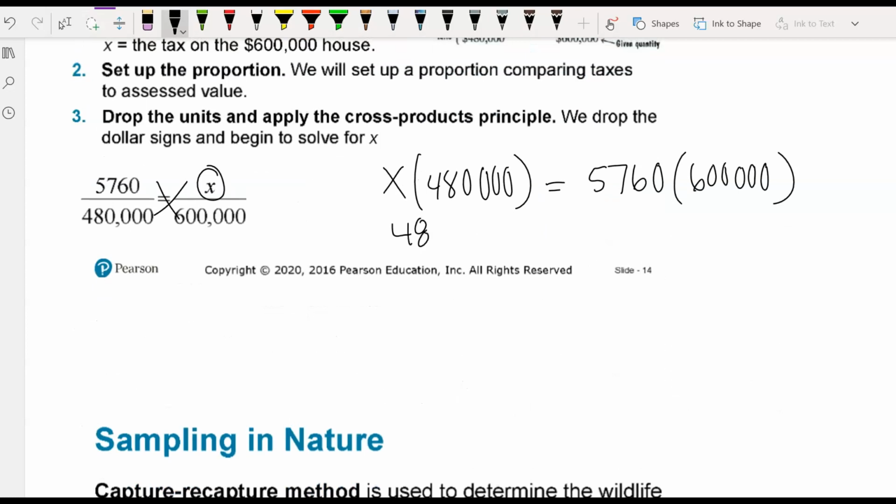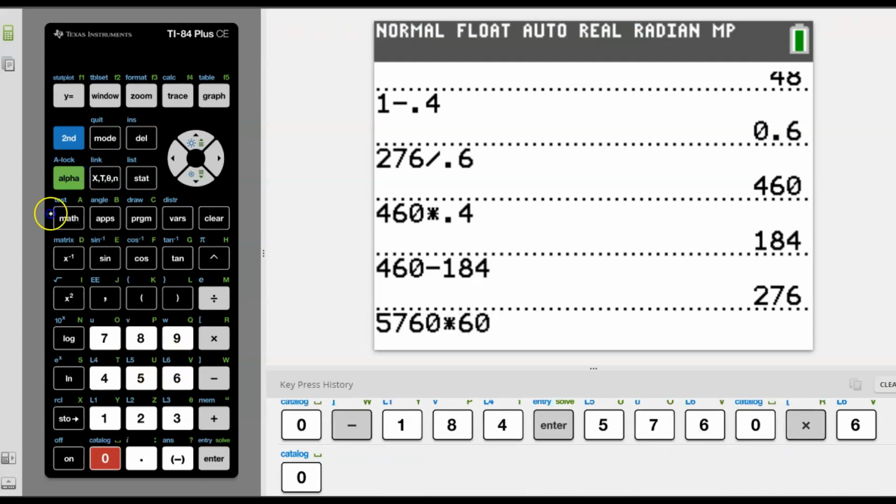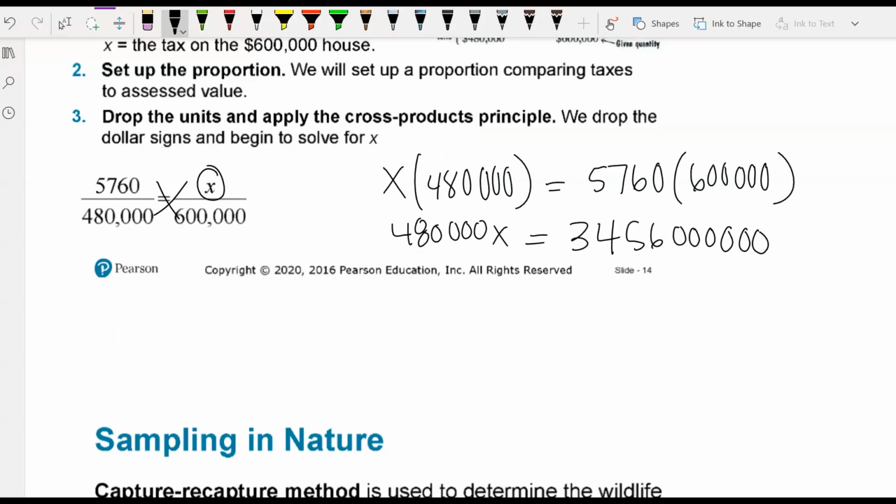So you have 48,000x equals, and then if you multiply those together, it's 3,456,000,000. You can also multiply it in your calculator. So 5,760 times 600,000, and you get the same number.